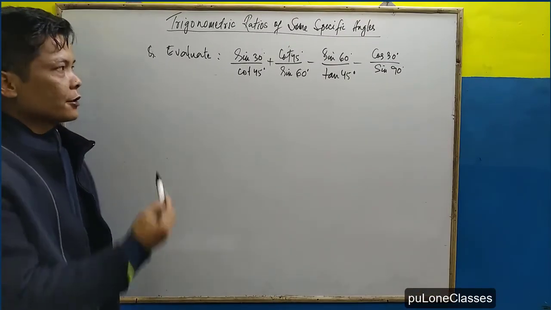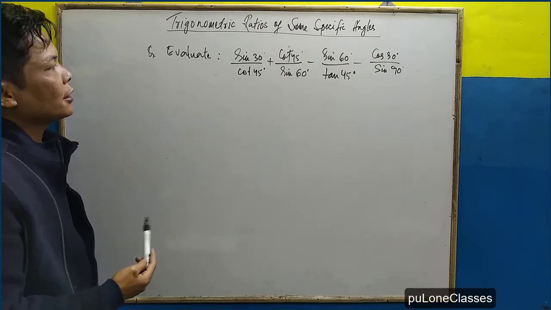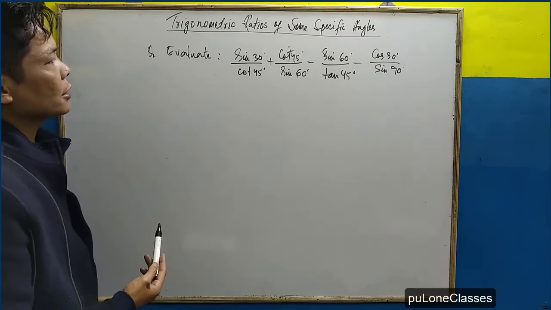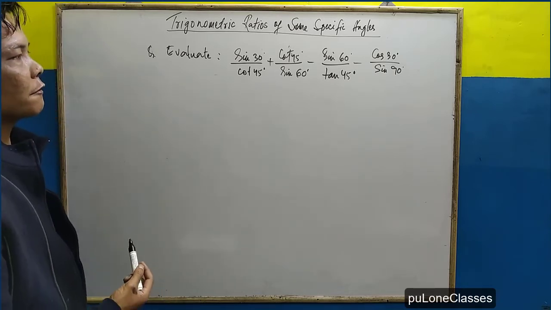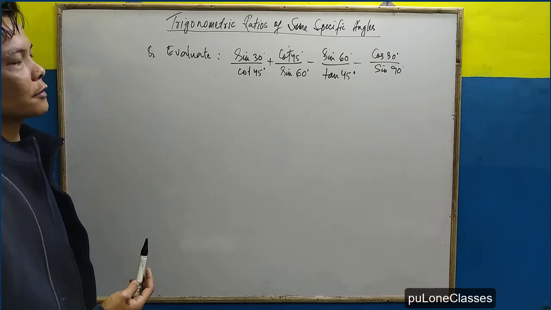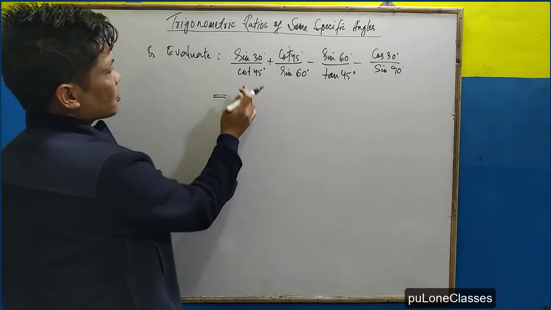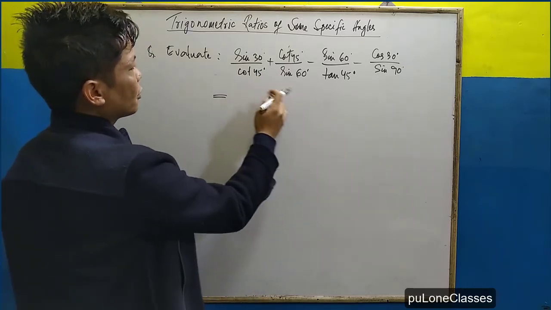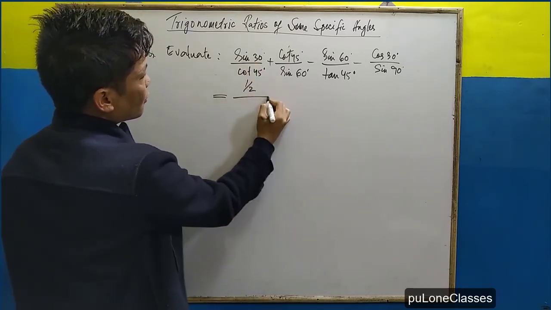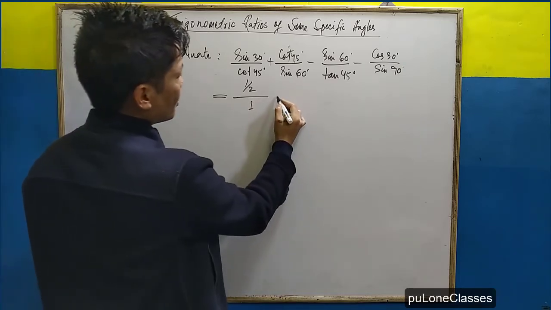Now let us try this question. We have to find the value of sin 30 by cos 45 plus cot 45 by sin 60 minus sin 60 by tan 45 minus cos of 30 degree by sin 90 degree. You can just put in the values of sin 30, cot 45 and so on. So sin 30 is half, cot 45 is the opposite of tan 45, which is 1, so it will be 1.